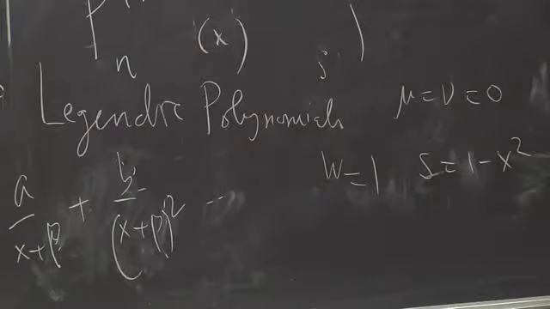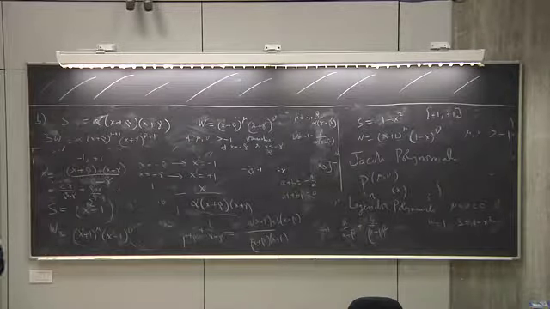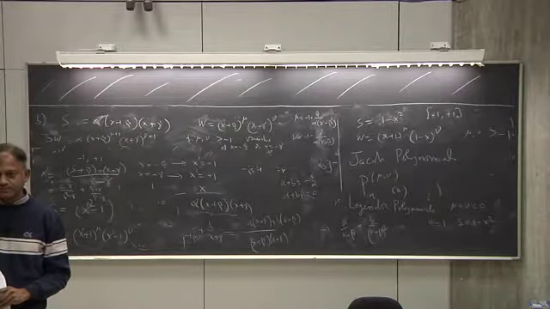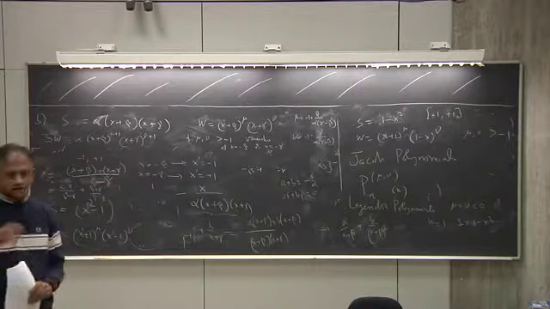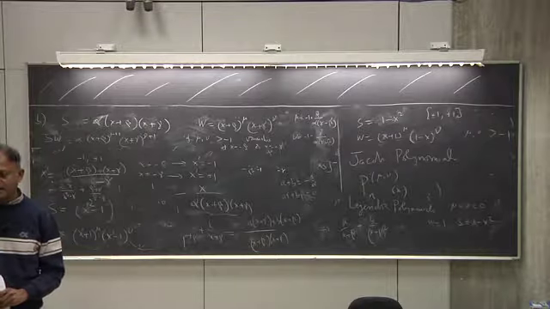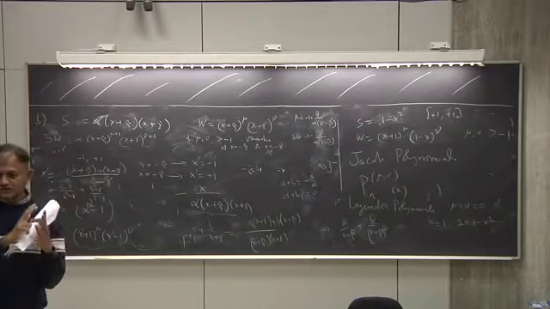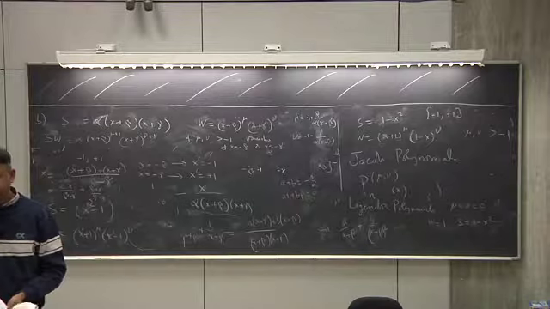You have seen that in the context of spherical harmonics, I think in quantum mechanics, right? When George explained spherical harmonics to you, there were two angles, theta and phi. Phi is the azimuthal angle, and theta is the angle which goes from north pole to south pole, right? The azimuthal angle dependence was very simple. It was basically e to the power of i times some integer times phi. Then there was a function which depended only on theta, and those were called associated Legendre polynomials.